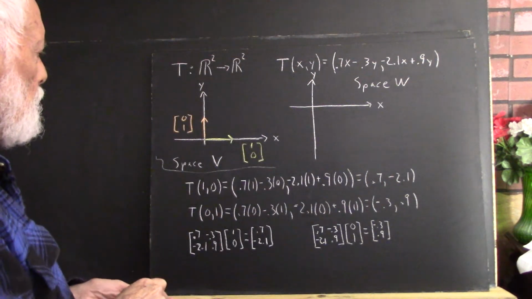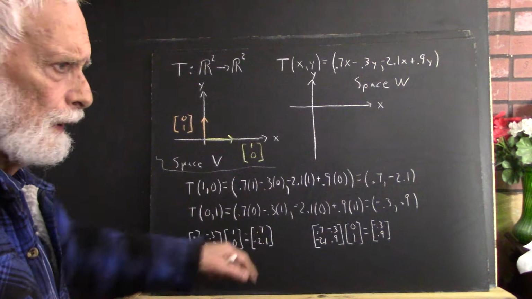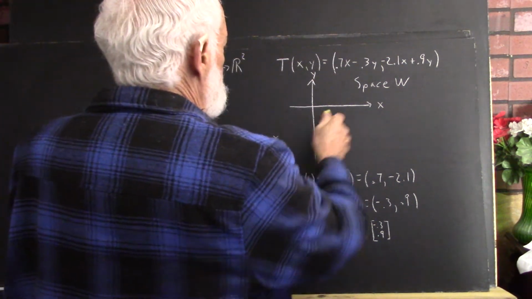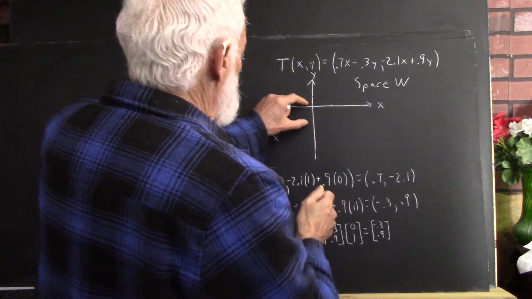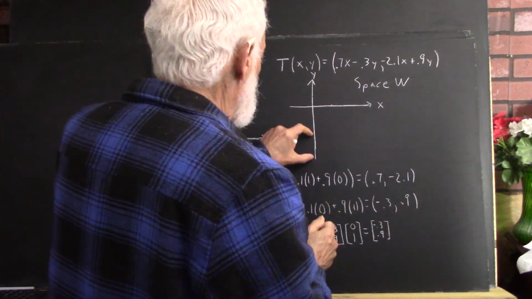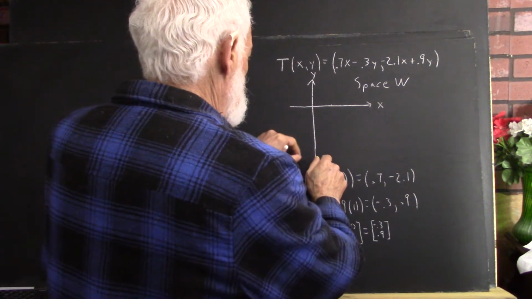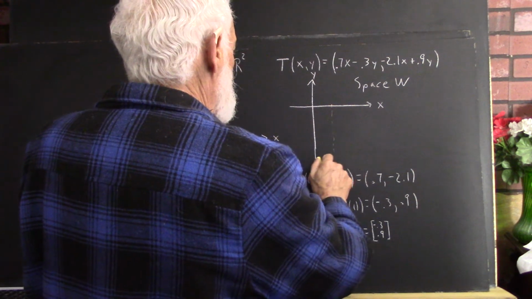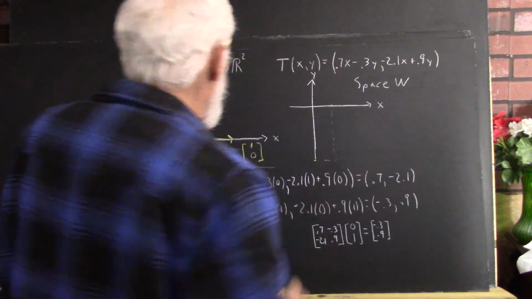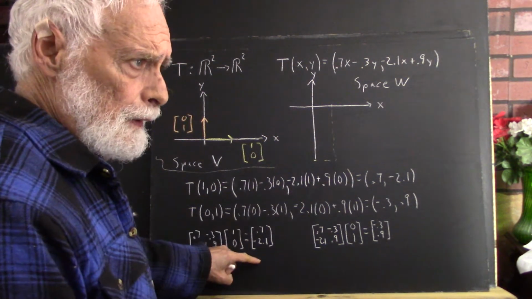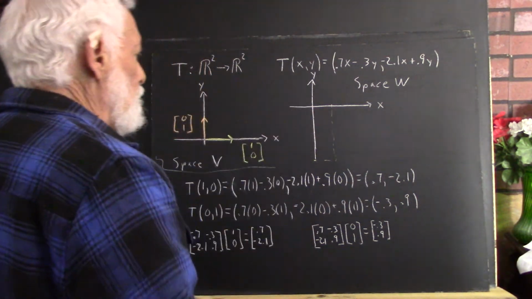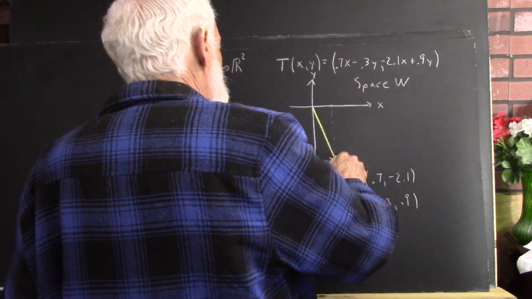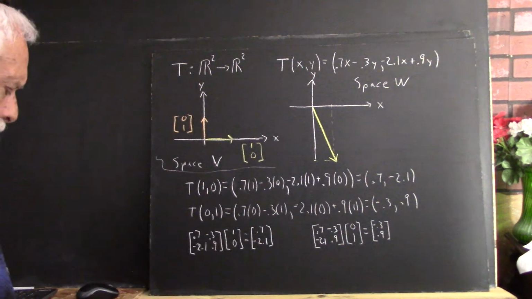So that my 1, 0 vector, which goes to 0.7, negative 2.1, well, if 1 is this big, so 0.7 is maybe about here, and then negative 2.1 down here, no, to about here. Okay, so we draw the point 0.7, negative 2.1 over here. Our vector is going to go from the origin to that point.